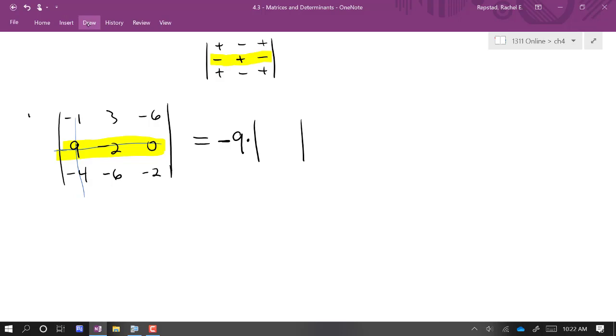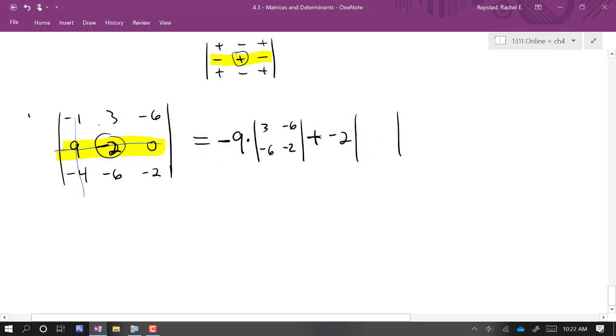So that's 3, -6, -6, -2. My next sign is a plus, so I'm going to do plus. My next entry in the matrix is a -2, and its minor is the determinant of the matrix I get if I eliminate row 2, column 2. That leaves me with the entries -1, -6, -4, -2.